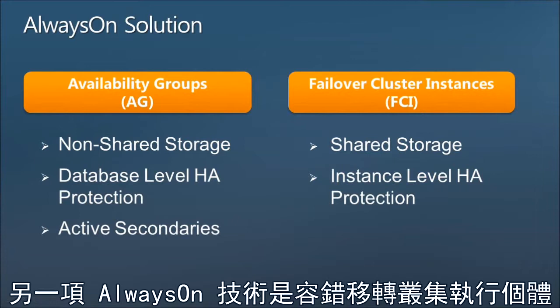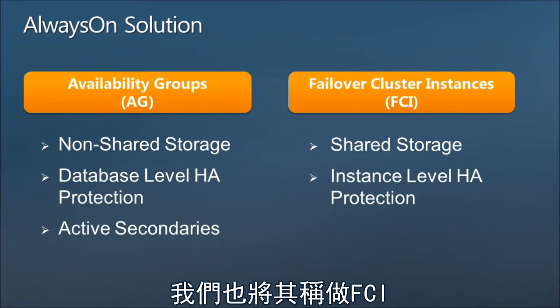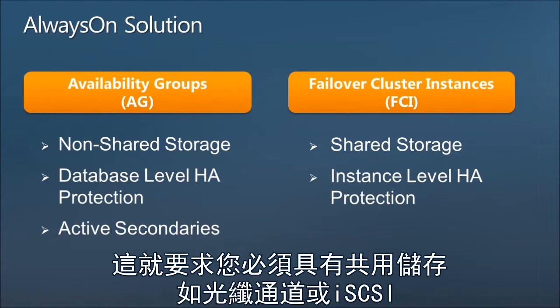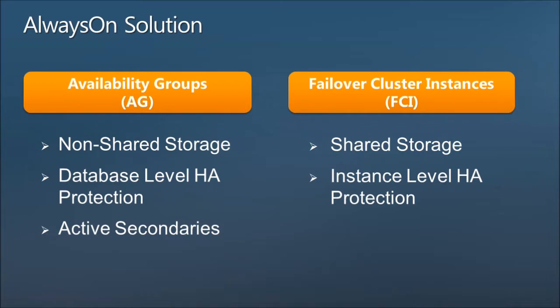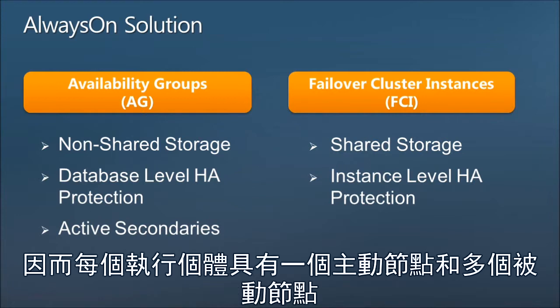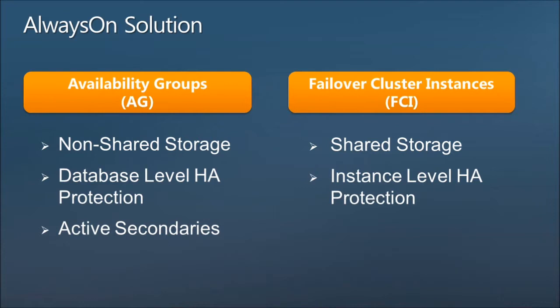Another Always On technology is failover cluster instance. We also call it FCI. FCI is a shared storage solution, which requires that you must have a shared storage, for example, Fiber Channel or iSCSI. FCI is an active-passive model. So you will have one active node and multiple passive nodes for each instance.